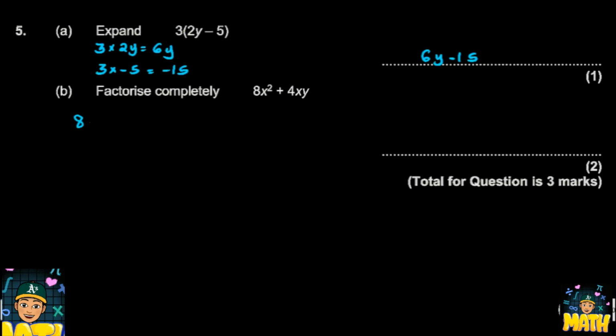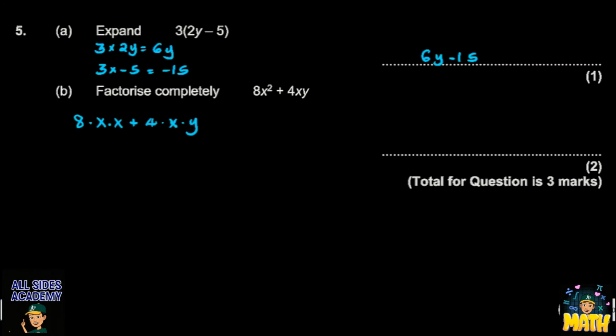8x squared plus 4xy. So I rewrite that as a product of the 2 terms. And then I further write the 8 as a product of its factors, so that we have 2 times 4, and then 4 is common to the first and the second term. Then x is also common to the first and the second.